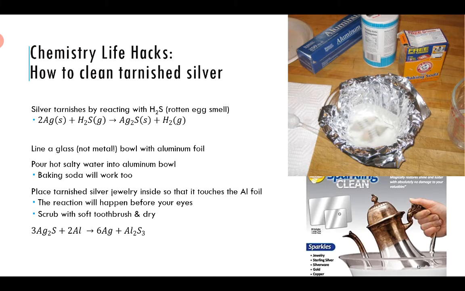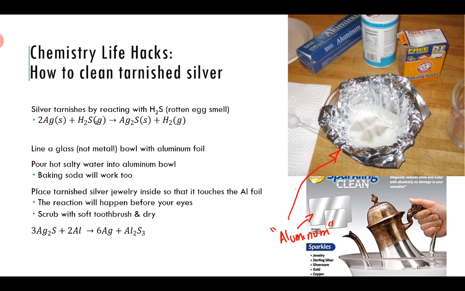This was a made-for-TV product that's completely useless. This is just a sheet of aluminum. And so you don't need to actually buy the sheet of aluminum. You can use aluminum foil. Aluminum foil works just as well.